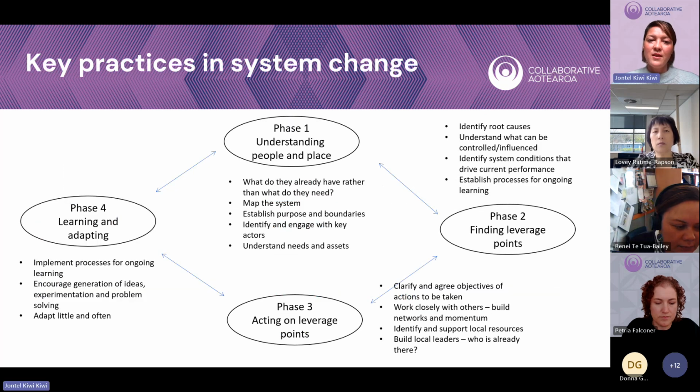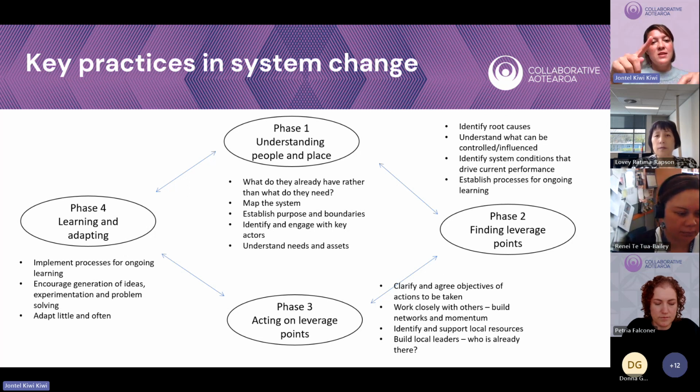So I've put together 4 different phases that we can look at when engaging with our whānau or engaging with stakeholders when we're in a space to facilitate change. So these are called key practices in system change.